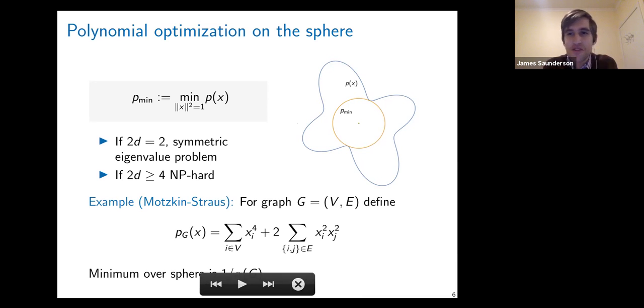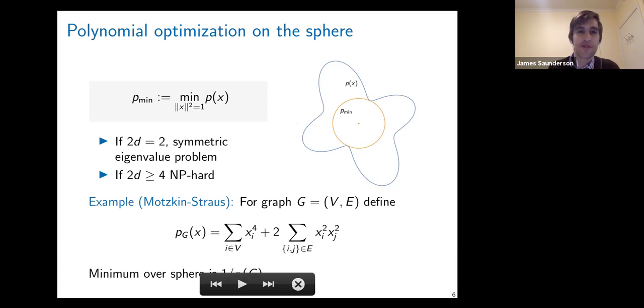If you don't know what that means, it's not important for the talk, but it's a quantity related to a graph that is hard to compute. So we can encode these hard problems in optimization of quartic forms over the sphere. This is well known, but I'm introducing it to give you a sense of the richness of this class of problems, and also because we'll come back to it briefly in a second.